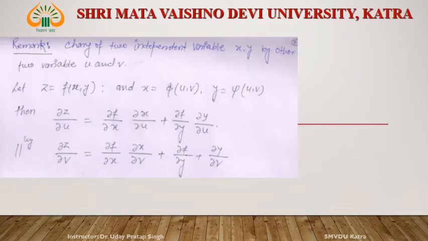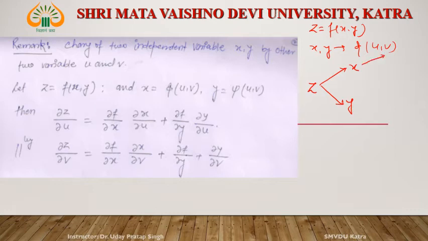See another remark. If z is a function of x and y, and x and y are functions of u and v, see the graph: z is a function of x and of y.